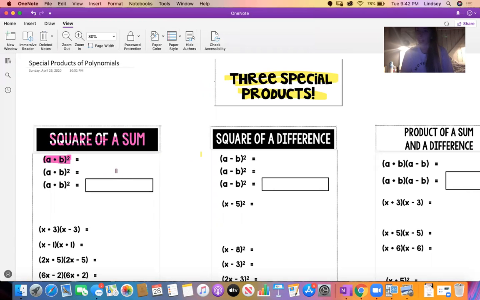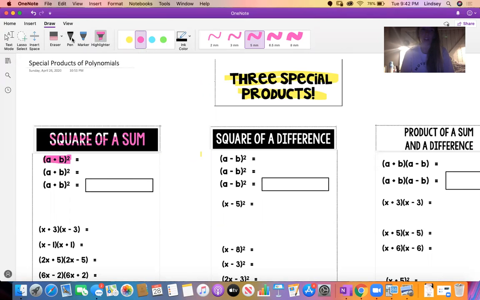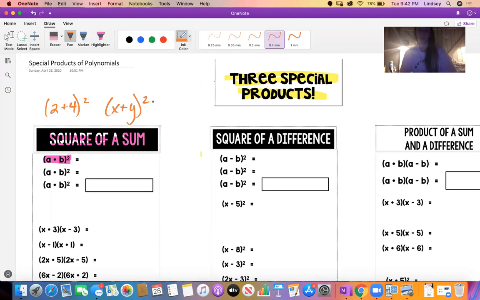Okay, so we're going to look at exactly how to do that, because what before now you're used to seeing is just a number squared, and we're going to be looking at how to do like the sum of numbers squared, or the sum of variables squared, and how we would actually go about solving that and simplifying it out.